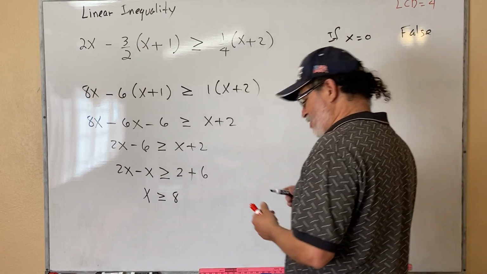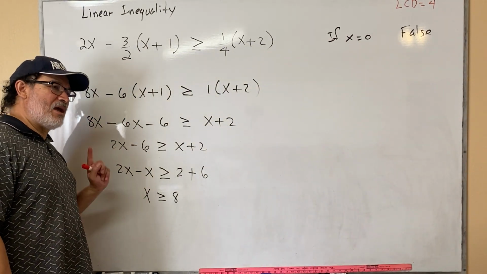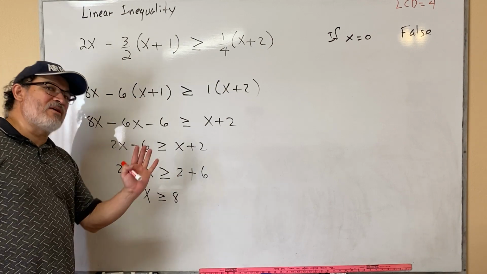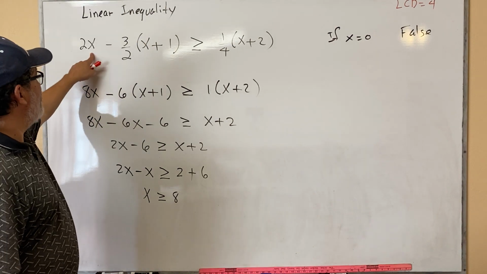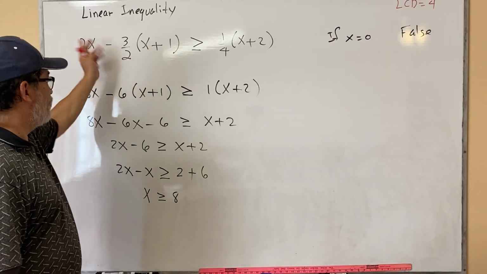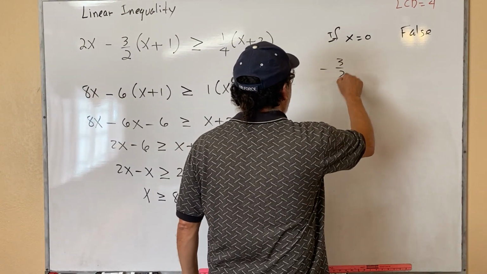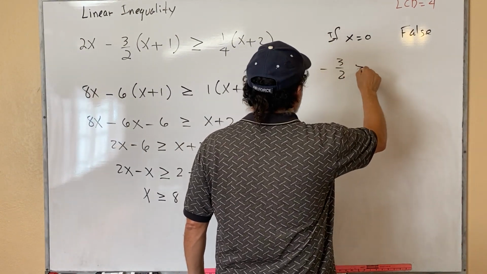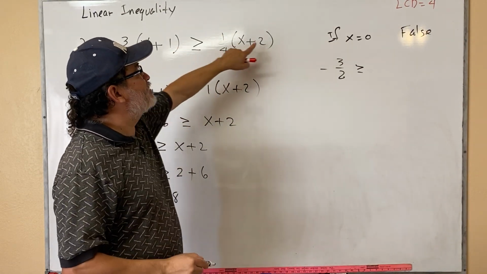I know that already. Why? Because here's the solution: 8 or greater than. Plug in 0 there, 0. Plug in 0 there, 0. What's negative 3 times 1? Negative 3/2 greater than or equal to. Plug in 0 there. What's 1/4 times 2?